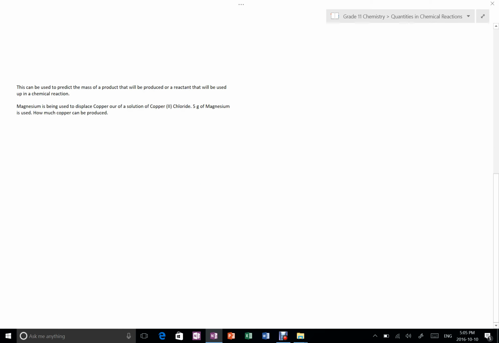So the whole point here is that we can predict the mass of products or reactants used or produced in chemical reactions. So magnesium, as a solid, is being used to displace copper out of a solution of copper 2 chloride. So that would mean 2 plus on the copper, 1 minus on the chlorine, cross them over, so CuCl2.